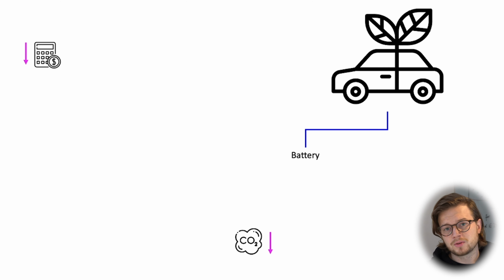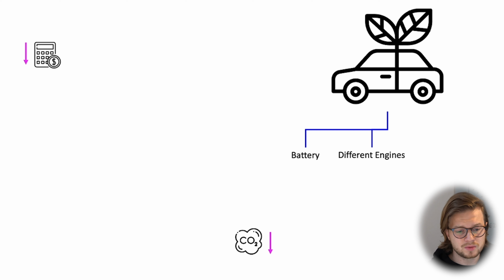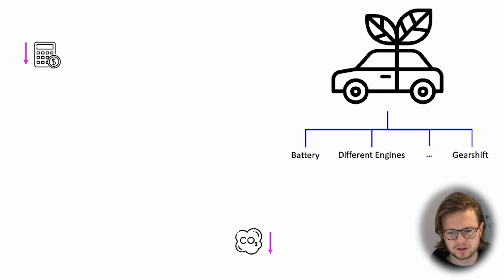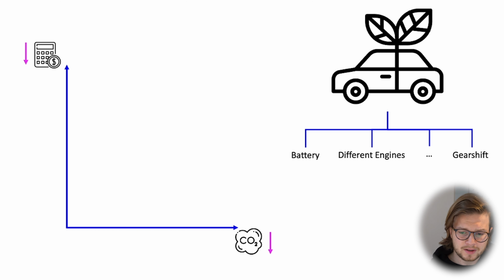For the car itself, to design it, you can choose the size of the battery, you can choose the engine types it has and the combination of these engines if you want to build a hybrid car. You can also say which gear shift should be included, and you have many more alternatives that you can tune within designing this car.